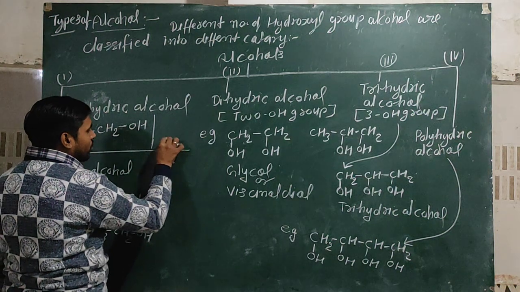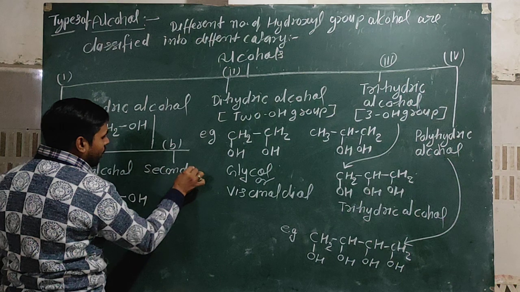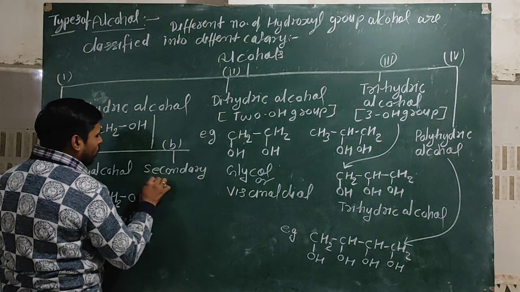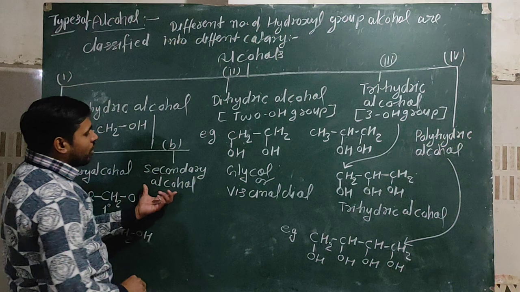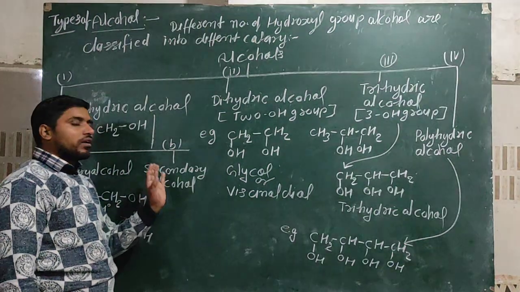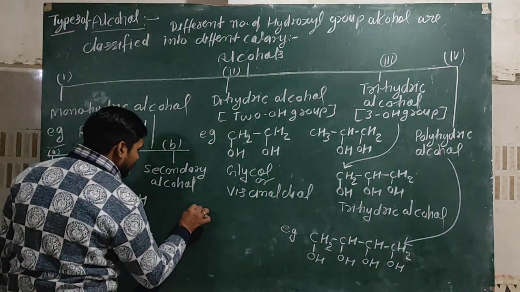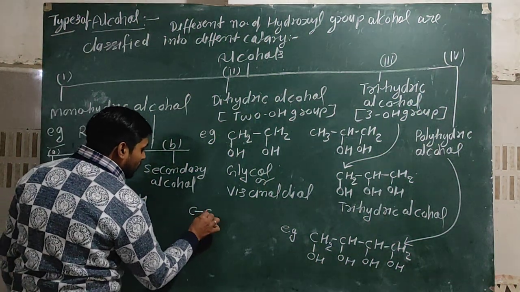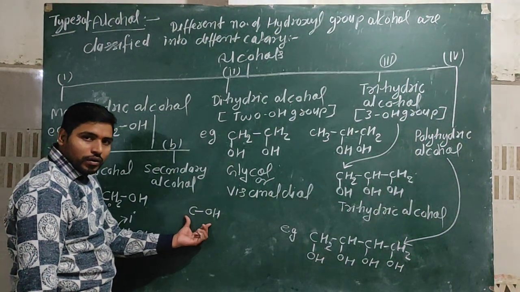Second is secondary alcohol. Secondary alcohols are those in which a 2 degree carbon is directly bonded with a hydroxyl group. It means that the carbon which contains the OH group is known as the alcoholic carbon.